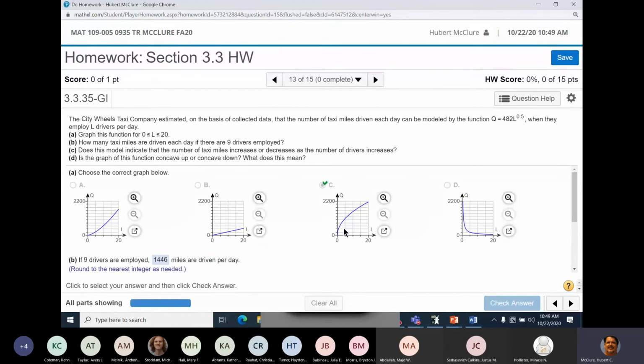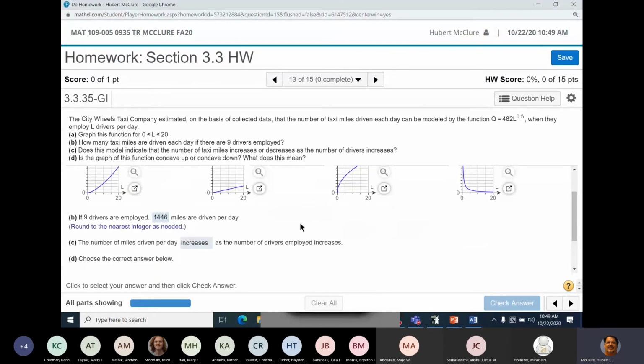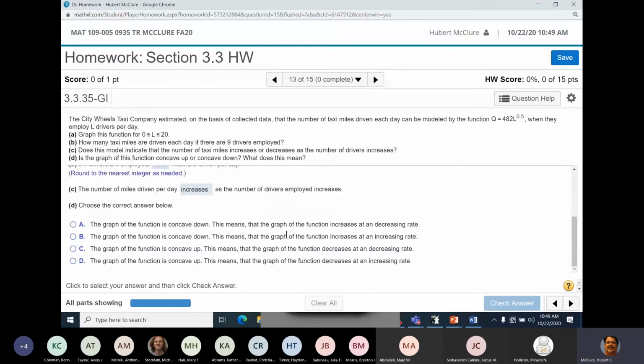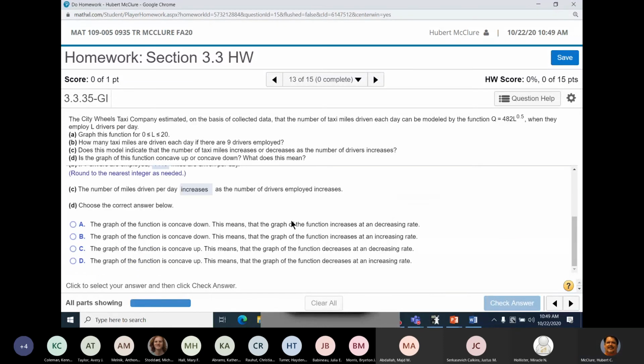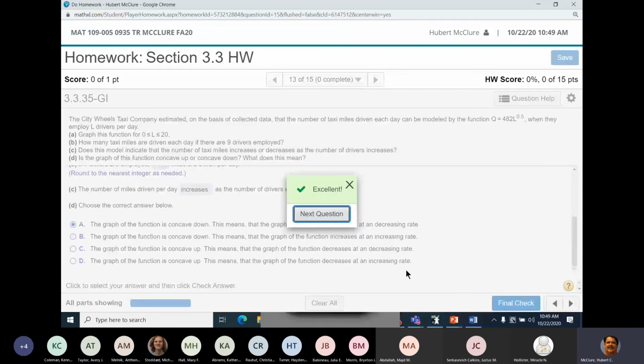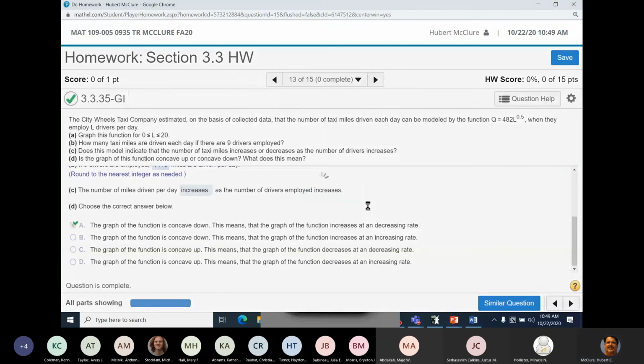It's going like this, so that would be concave down. It increases at an increasing rate, or decreasing rate. Increases at a decreasing rate. I don't know why they would even ask that. All I need to know is if it's increasing, but anyway.